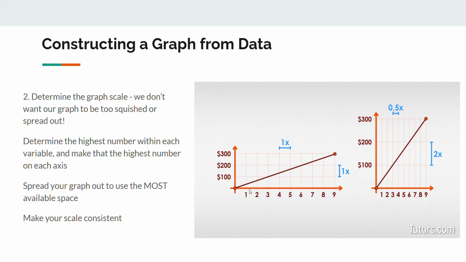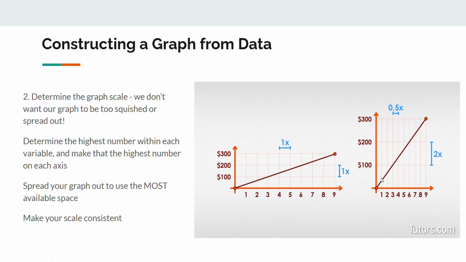Like that's weird, right? That doesn't make it easy to read. We want it to be nice and even and consistent, okay? Now, it's okay if you go by 2s, 4s, 5s, 10s, 20s, but don't go by something weird like 7s. Don't go by like 3s. Do something that's intuitive, okay?